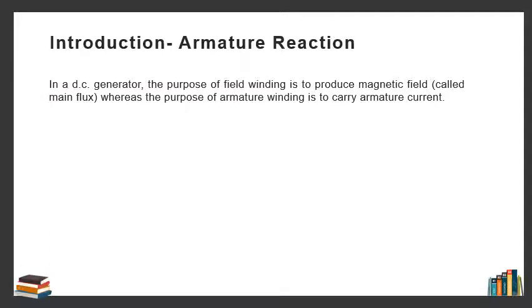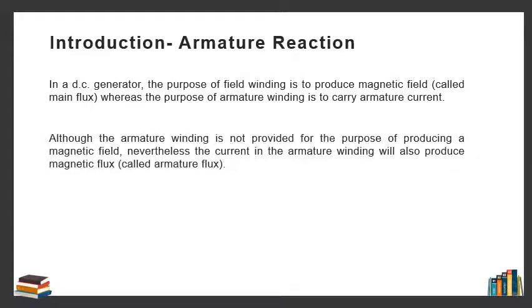In a DC generator, the purpose of the field winding is to produce a magnetic field called the main flux, whereas the purpose of the armature winding is to carry armature current. Although the armature winding is not provided for the purpose of producing a magnetic field, nevertheless, the current in the armature winding will also produce magnetic flux called armature flux.